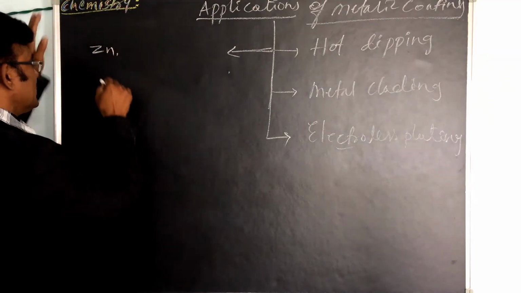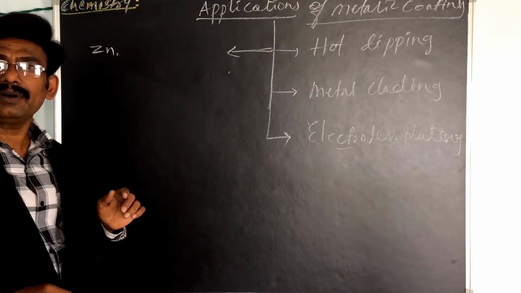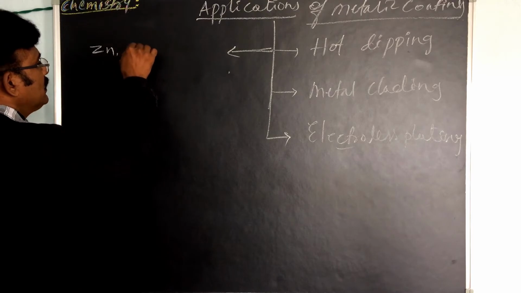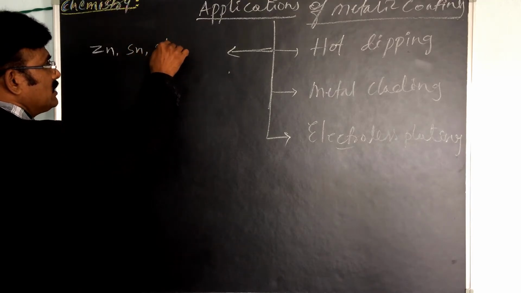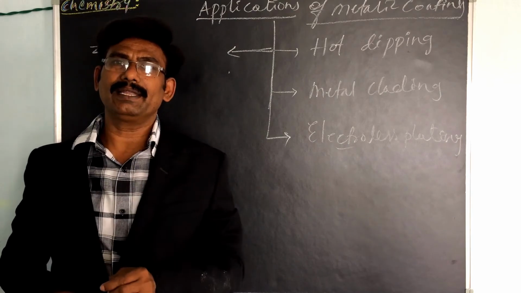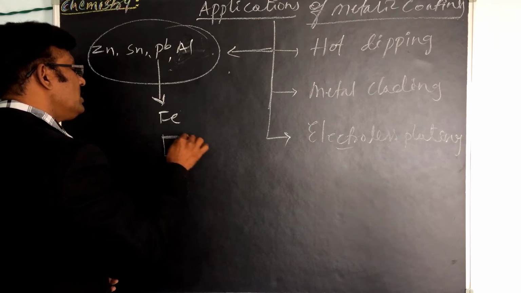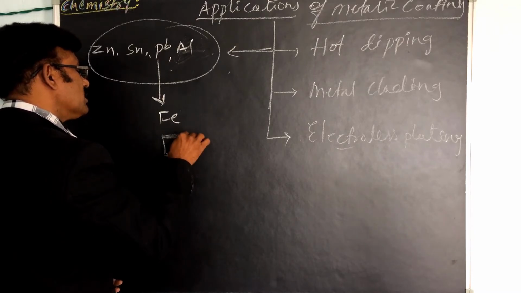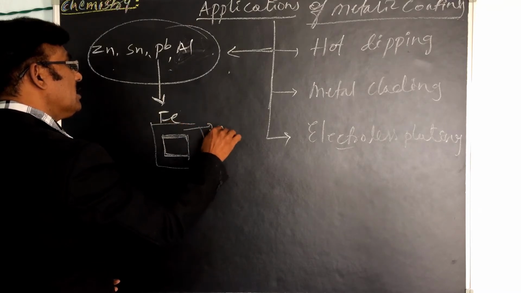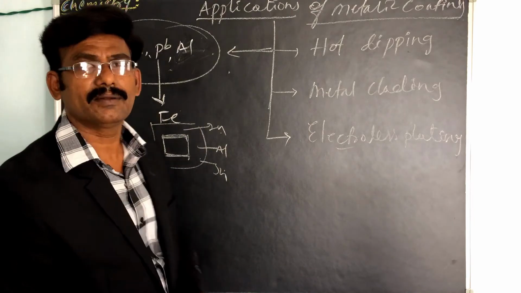Zinc, tin, and lead. So if an iron vessel is there, we have to use a zinc coating, aluminium coating, or tin coating on it.